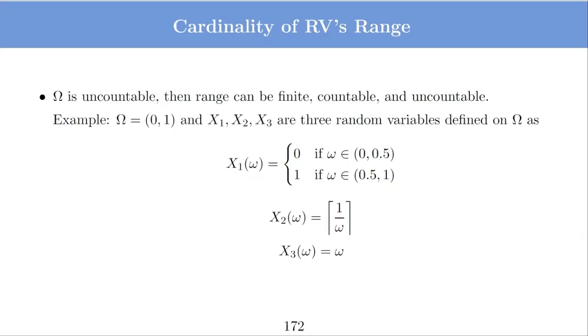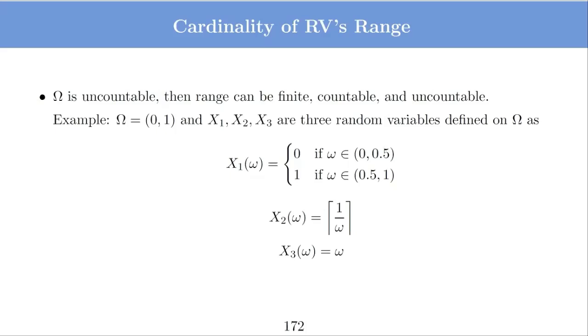So I am defining X2 of omega as the ceil of 1 upon omega. If you pick something like 0.15, you calculate 1 upon 0.15, which is 6 point something. So ceil will be 7, and it will be mapped to 7.